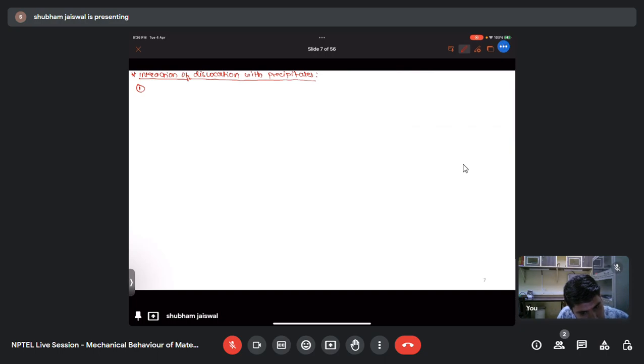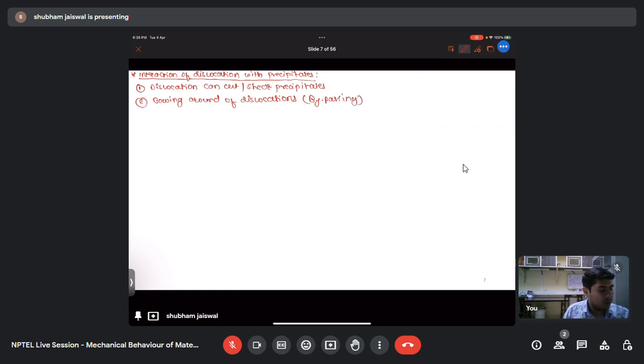So let me write down. The first one is the dislocation can cut or shear precipitates, and the second one is the bowing around of dislocation, or we can call it bypassing.